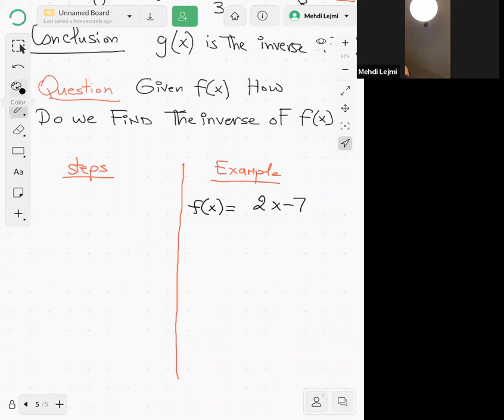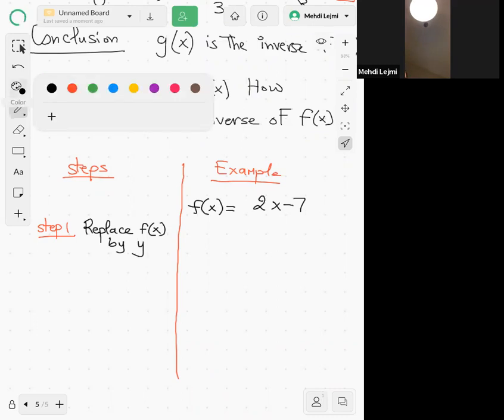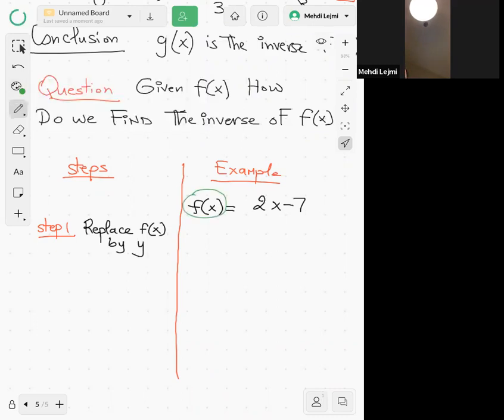Step one, the first thing to do is to replace f of x by y. So now we have y equal to 2x minus 7.